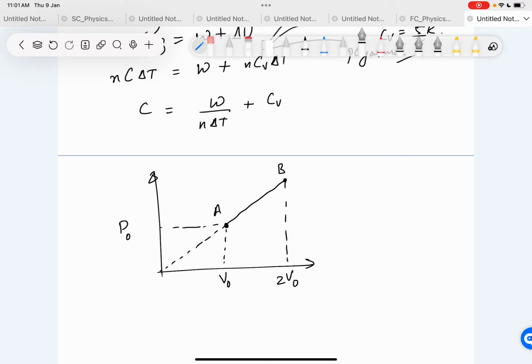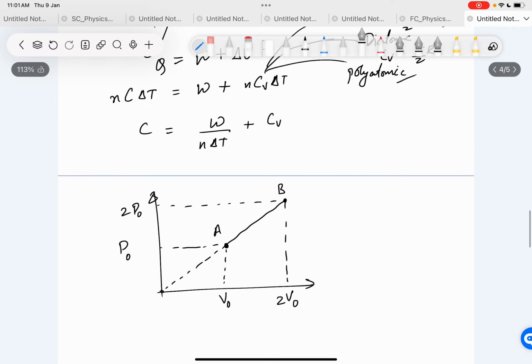Let's call this P0. And therefore this one must be equal to 2 times P0, since it is extrapolated through the origin. So now we want to determine the value of the molar specific heat for this particular process.